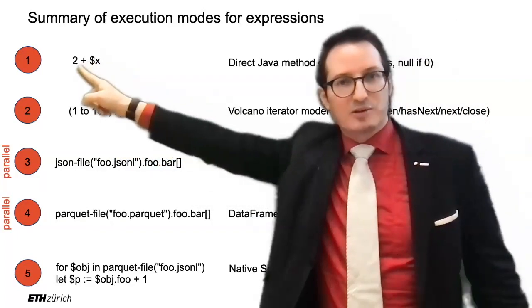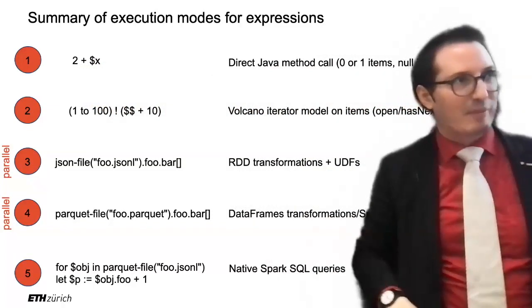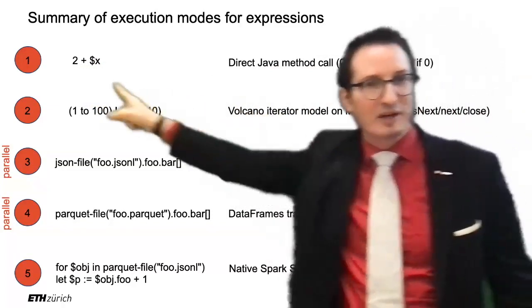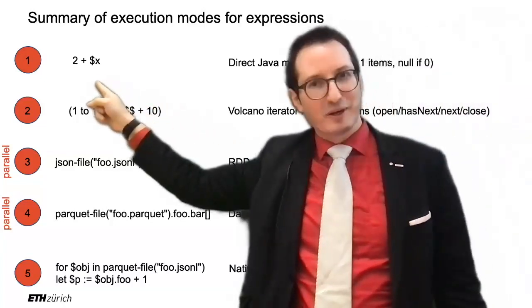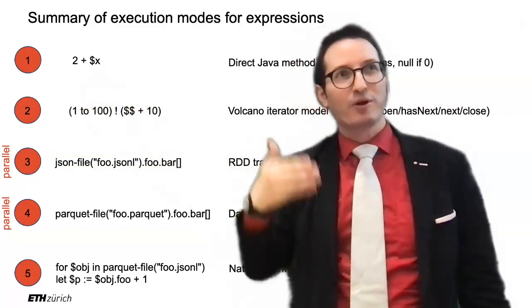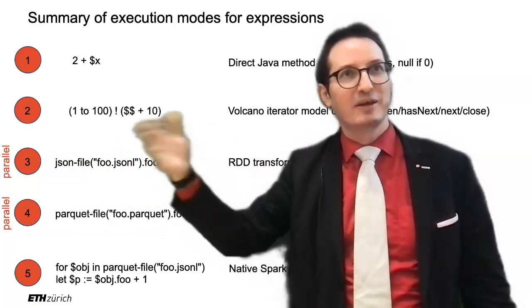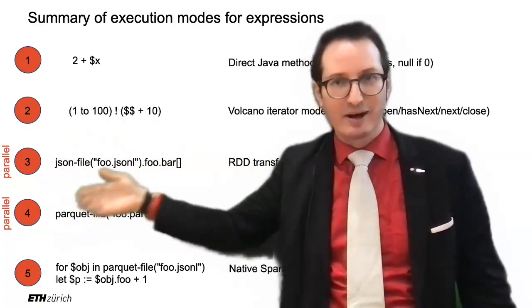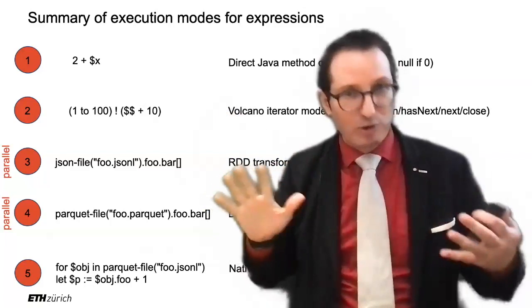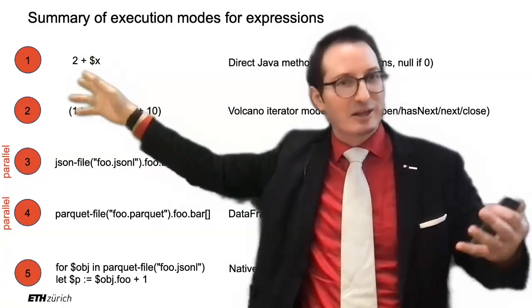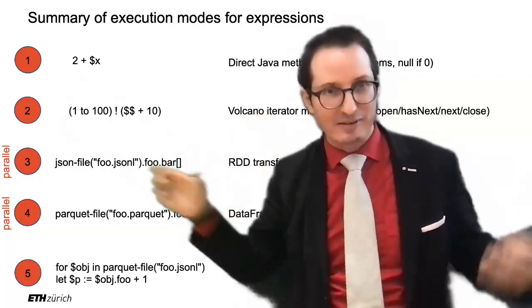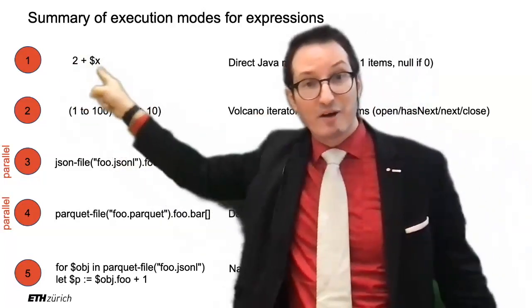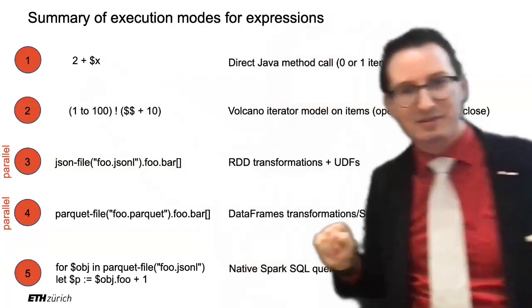And in the case where it's a single item at a time, it's just a direct Java method call. You don't even need to iterate because it's just one item. In the first versions, we did iterate, but again, it looked ridiculous. Like open, has next, yes, next, give it to me, has next, no, thank you very much, goodbye, right? So it was just an overhead. So now, when we know it's going to be just a single item, we just call a method and get that item. So it's incredible the performance that we gained just doing that.